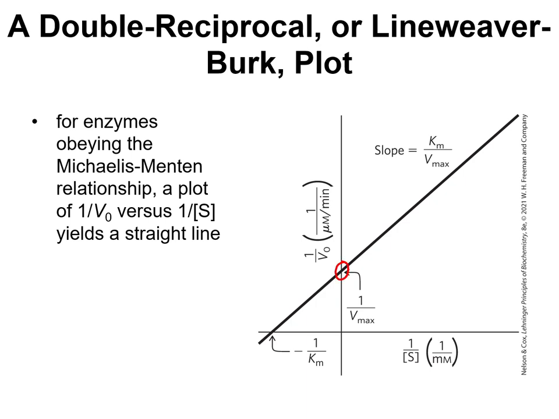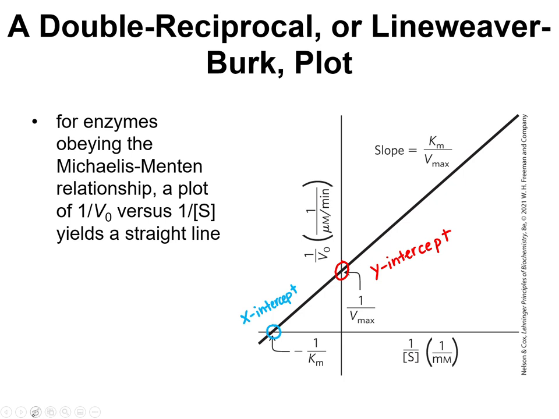1 over the Vmax, that is your y-intercept. And if you don't remember your algebra with lines, you might want to brush up on that because you're definitely going to need it here. The x-intercept is the negative 1 over Km, okay?